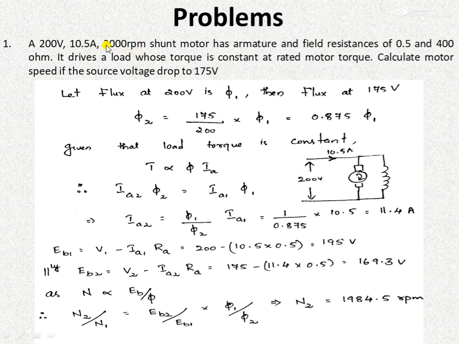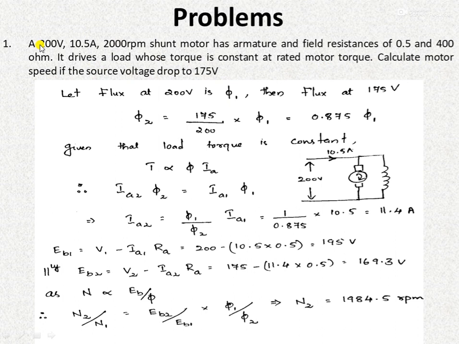This is actually the rated voltage, rated current and the rated speed of the DC shunt motor, and it has an armature and a field resistance of 0.5 ohm and 400 ohm. It drives a load whose torque is constant. This is actually a very important point. Its torque is constant at rated motor torque. And then you are asked to find the motor speed if the source voltage dropped to 175 volt.